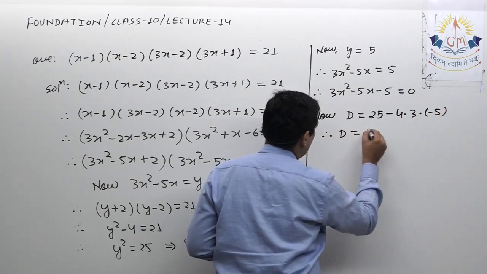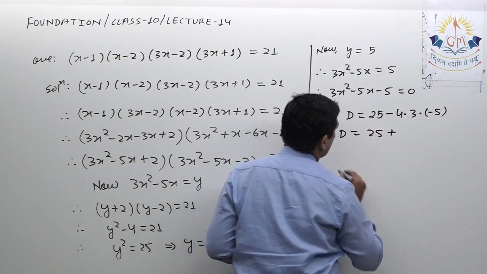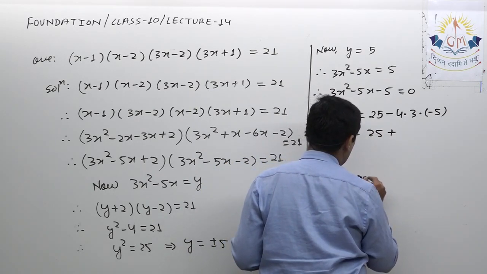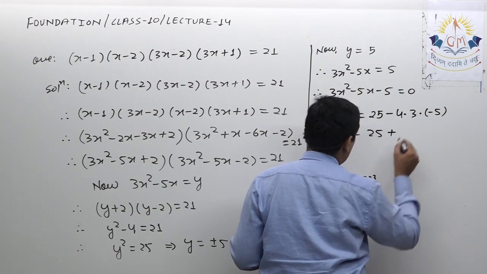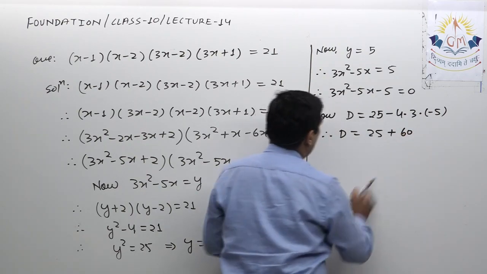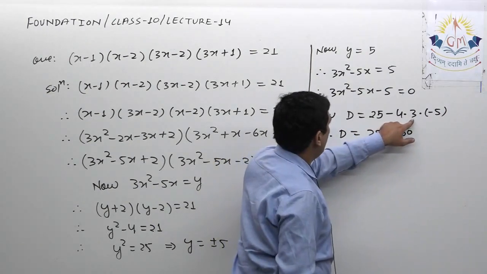Therefore D over here is 25 plus 60. b square minus 4 into a into c.